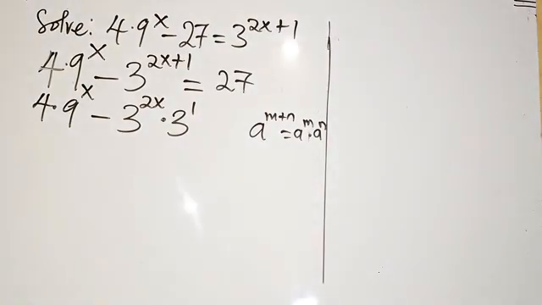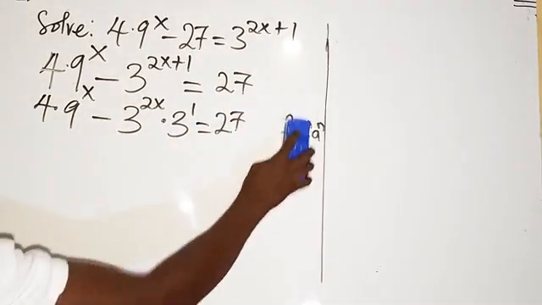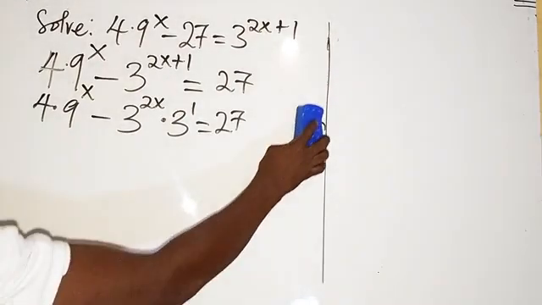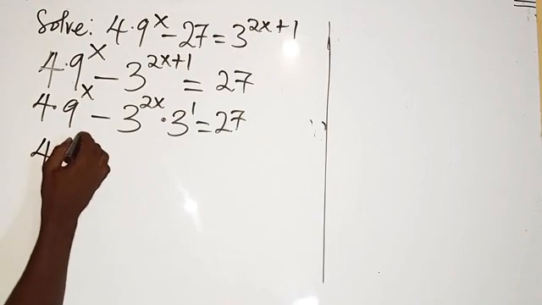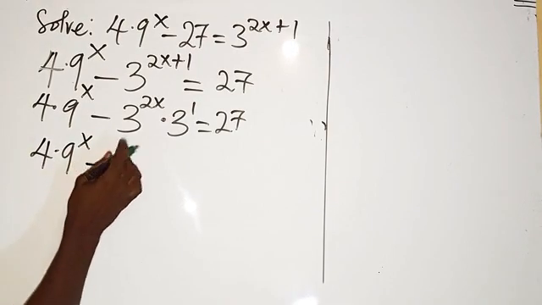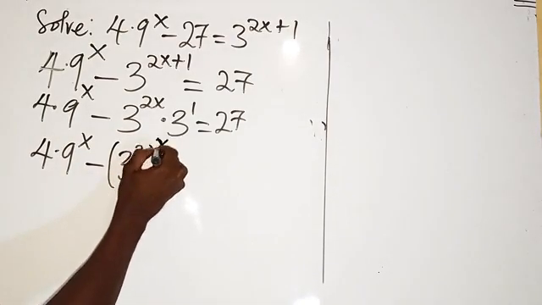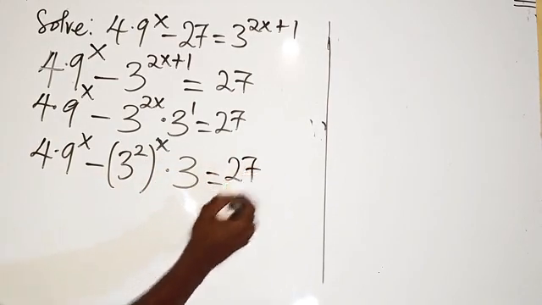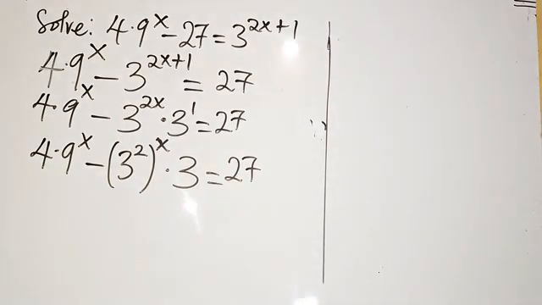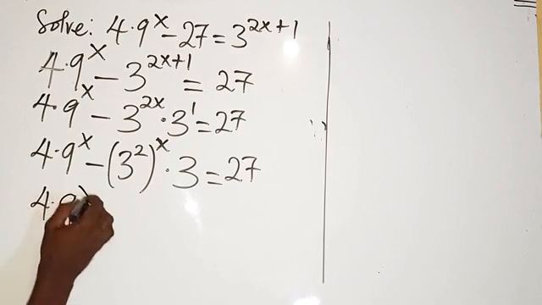So therefore we are going to equate this to 27, right? Now from there we have 4 times 9 to the power x, minus, and I can write this as 3 to the power 2, then the x outside, multiplied by 3 equals 27.